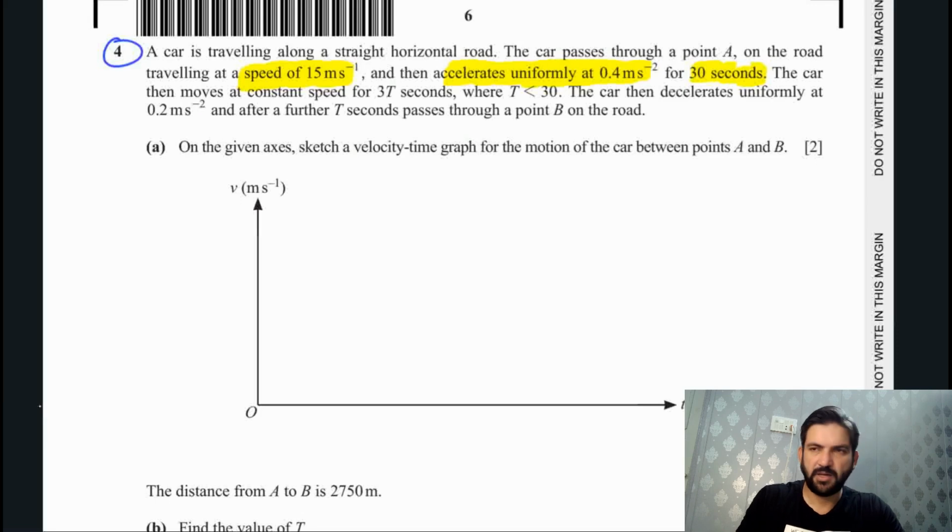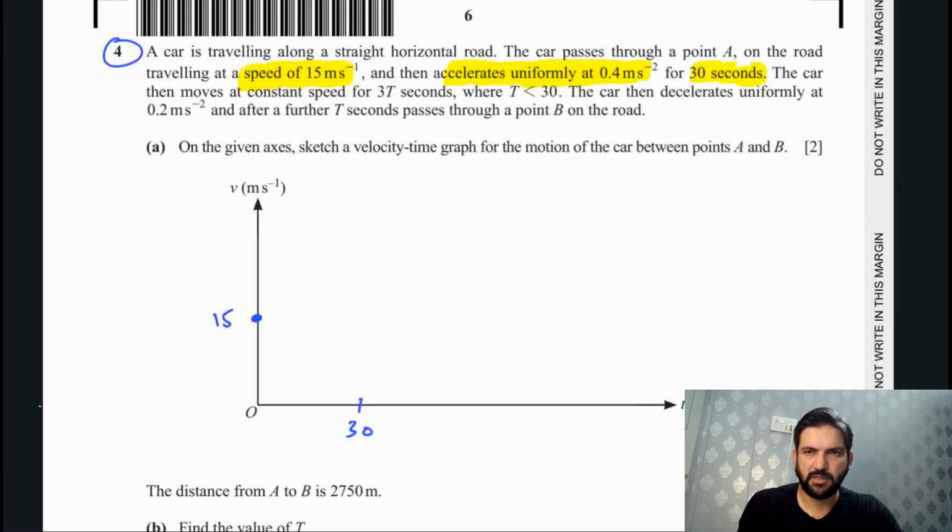Now, what does it mean? It means that we know the acceleration for the first 30 seconds. As we know that the speed is 15, we need to find out the velocity for the first 30 seconds.